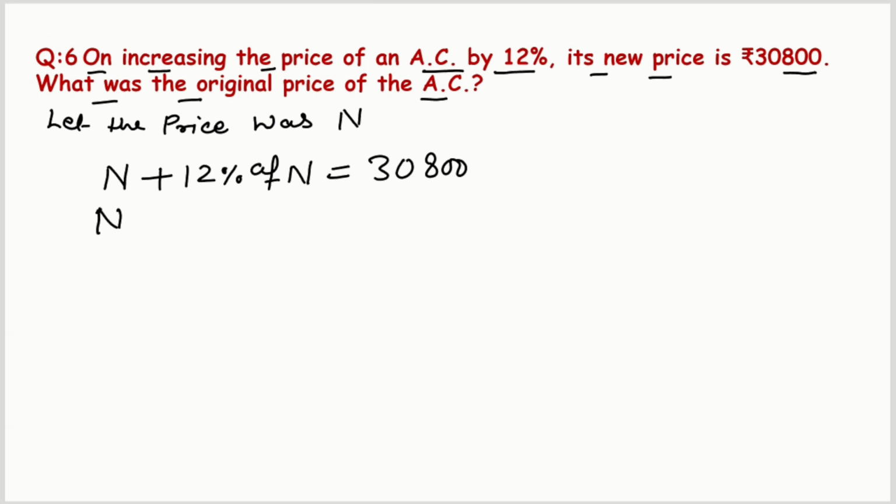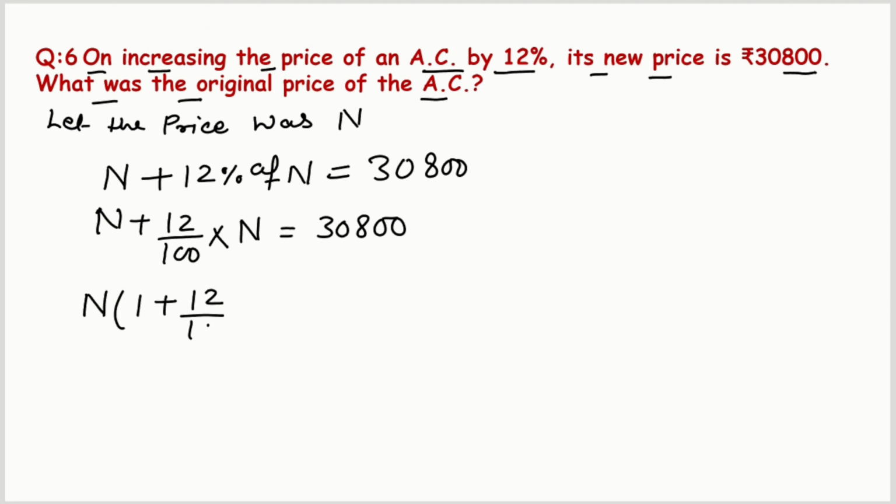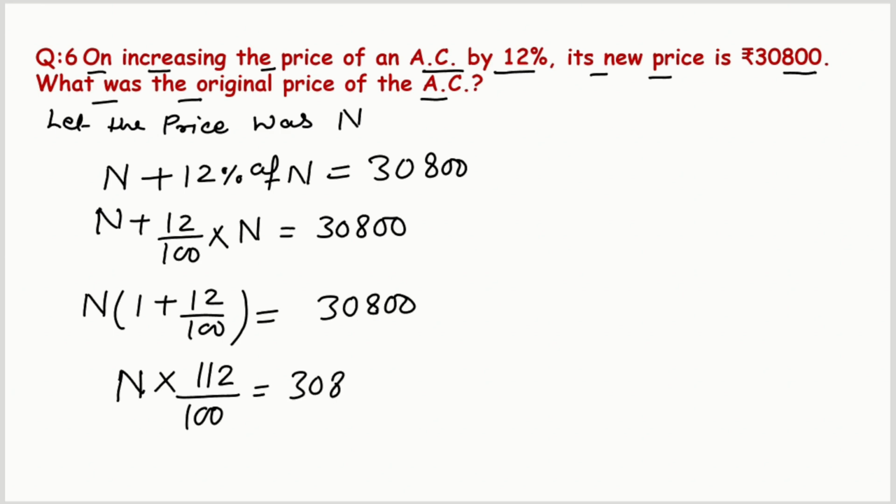Now N plus 12% times N equals 30,800. Take the N common, you will get 1 plus 12 over 100 equals 30,800. Now after solving it, 112 over 100 equals 30,800.